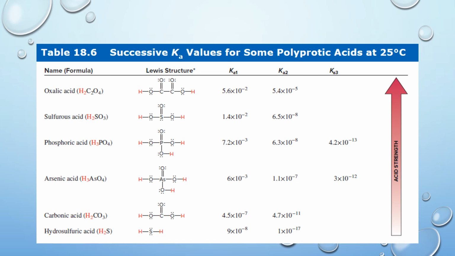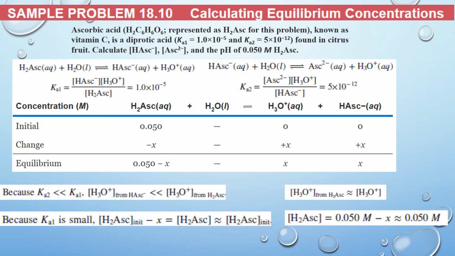This table gives you the Ka values for some common polyprotic acids at room temperature. The number of Ka values is equal to the number of protons the acid contains. Similar to a monoprotic acid, we can also calculate the equilibrium concentration for a polyprotic acid using the given Ka values.